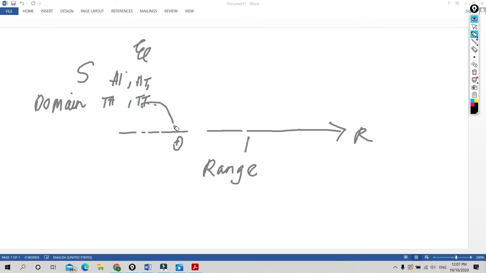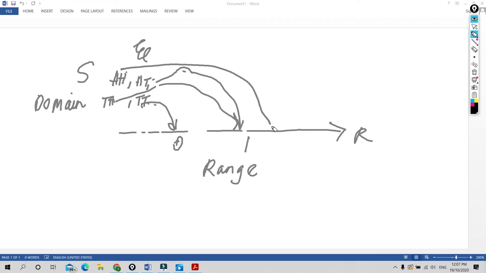Here is referred to as no head, zero heads, and here is referred to as one head. Head-tail, tail-head is one head here. Here is referred to as one head. Or then here is also referred to as one head. Okay, one head. Then you can have two heads. Two heads will refer to this part. Okay. So this is the sample space, this is the domain, and here is the range.